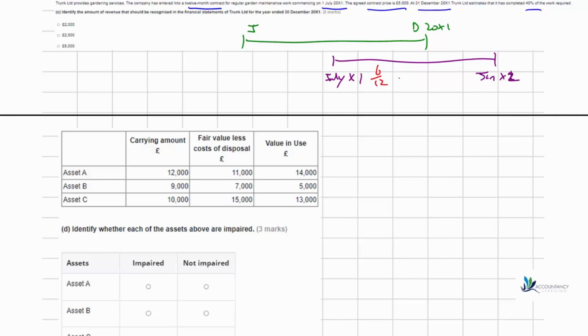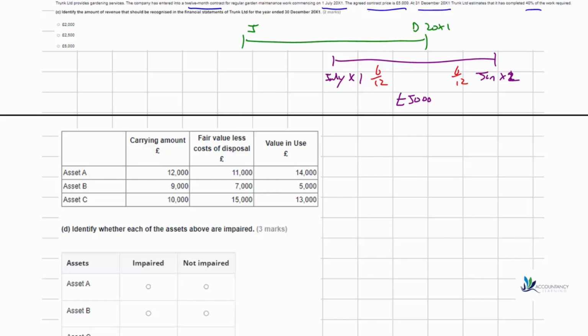So that means that 6 months of the contract has occurred within our accounting period, and 6 months of the contract will still need to be completed. They've told us that the value of the contract is £5,000.